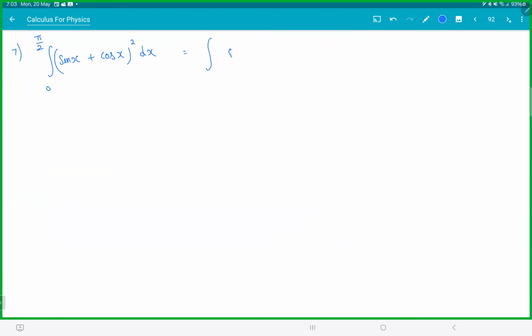Expand this, and you end up with sin square x plus cos square x plus 2 sin x cos x. Sin square x plus cos square x is 1, and 2 sin x cos x is sin 2x.